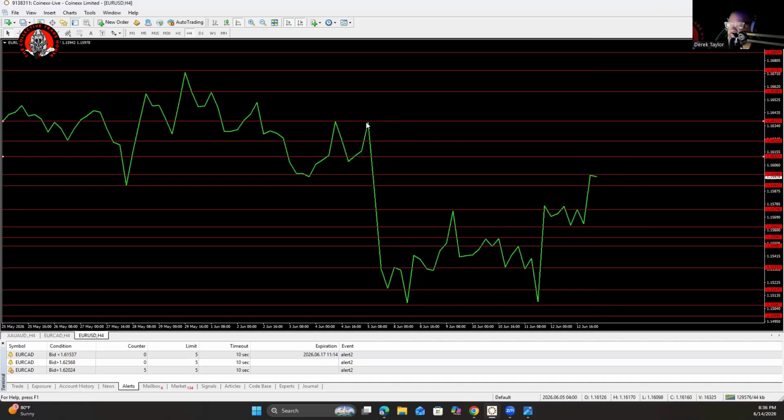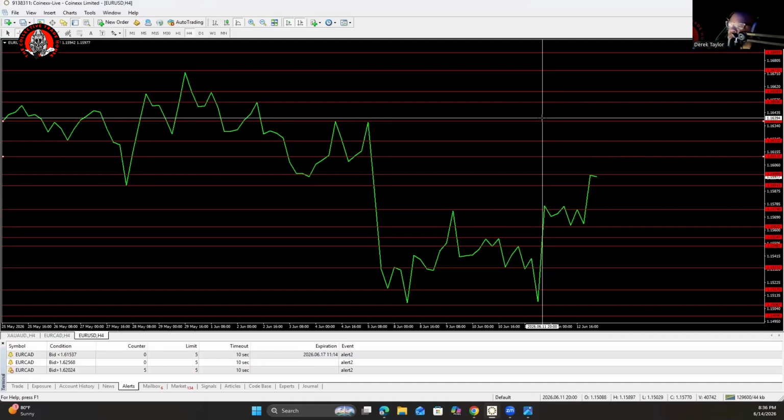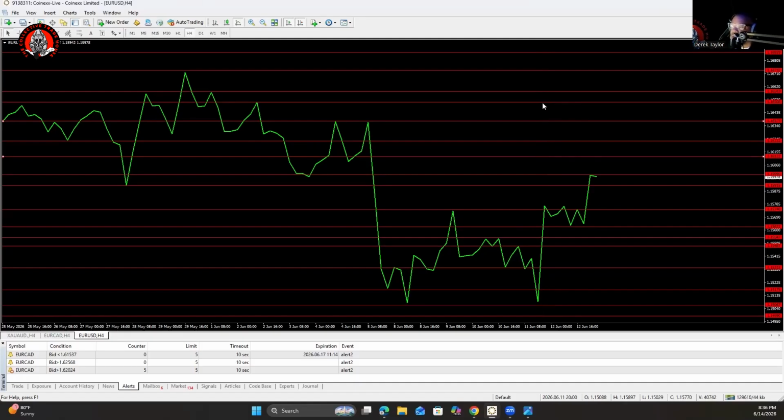So I see this significant area of rejection here, right? And I see this area of rejection. I can go ahead and mark this if I want. And is this 10 pips? It is 10 pips here. So I could take an entry. Now, this is not the most ideal chart because there's a lot of structure in this. Let's go back.